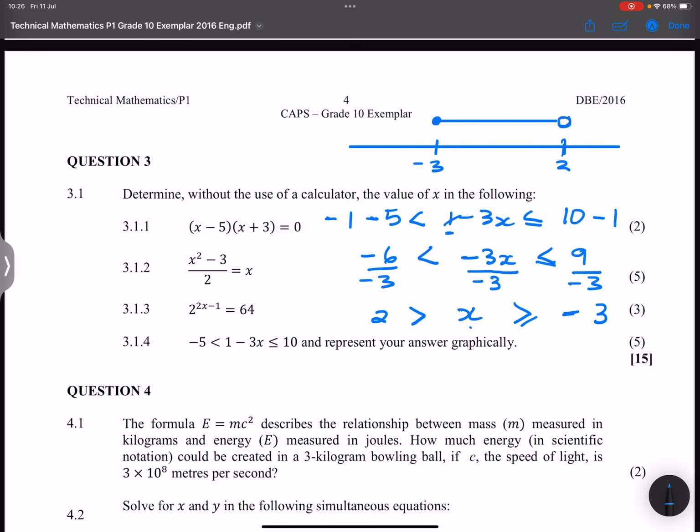Remember, if we are including it, you show it with a filled dot, but if you are excluding it, you've got a dot which is empty on the inside. This is our number line, between negative 3 and 2, greater than or equal to negative 3, less than 2. And essentially, ladies and gents, that is how the cookie crumbles.